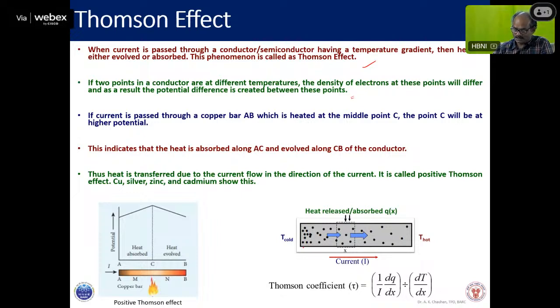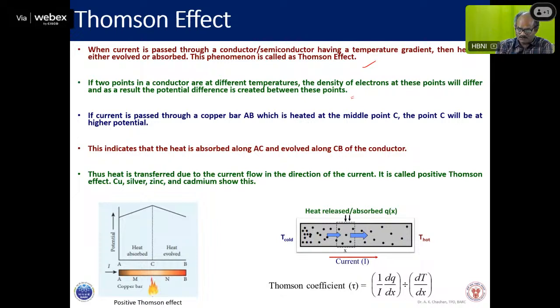So suppose these are at different temperatures, so you will see the density, as we saw in the first slide itself. As you raise the temperature, the electrons move from one side to another side. Because of that, a potential difference is created.